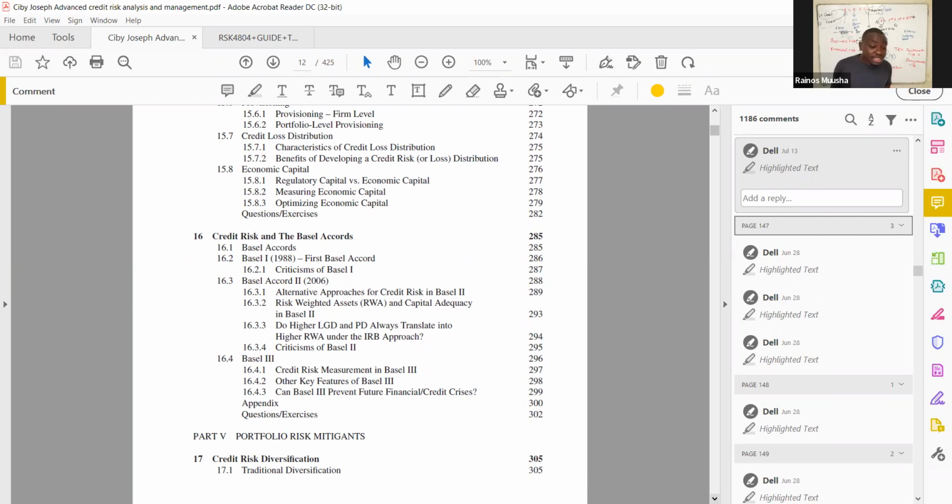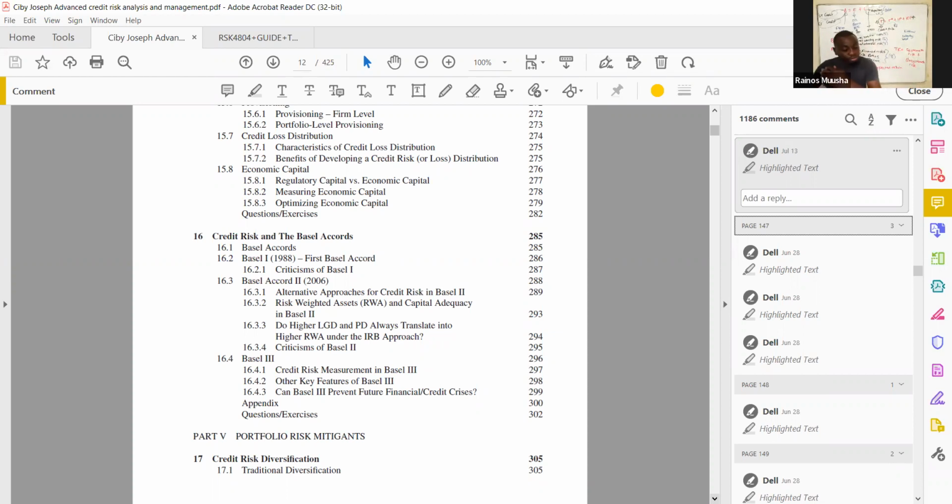If there's no confidence in the economic system, the customers are not going to be able to transact and the economic system is not going to run very well. So when you look at credit risk in the Basel Accords, we are asking how the mitigation of credit risk has evolved with the implementation of the different Basel Accords.